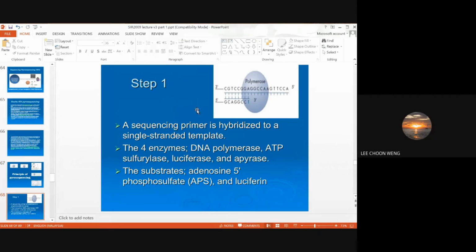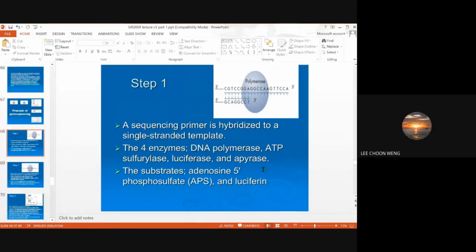So you will have your single-stranded template, and then your sequencing primer will be hybridized to it. Okay, then you see here that there are enzymes to be used: polymerase, ATP sulfurylase, luciferase, and apyrase.